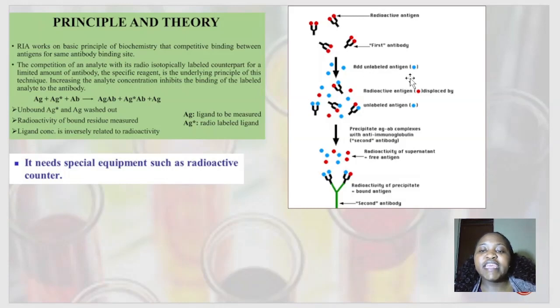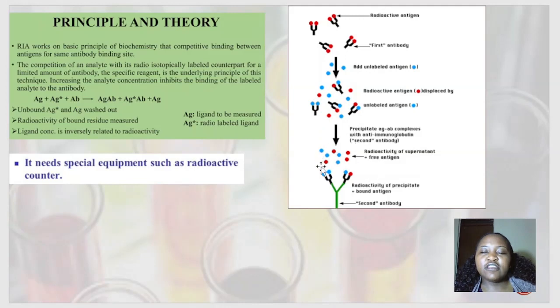We add our antigen of choice, which is not labeled with any radioactive material. We expect that it is going to compete for the already bound sites and displace some of the radioactive antigens. Once it has displaced them, we add another antibody, a secondary antibody, which binds to this primary or first antibody.